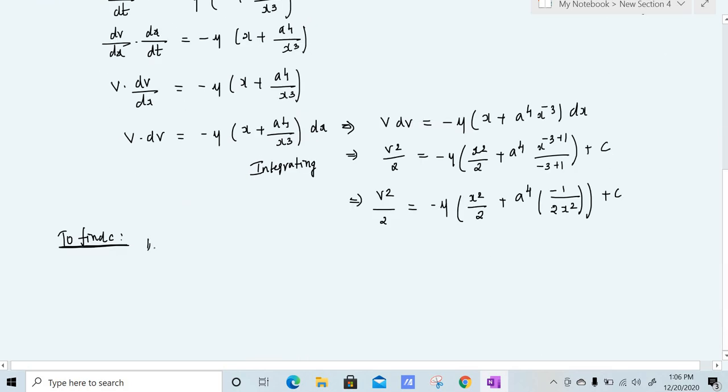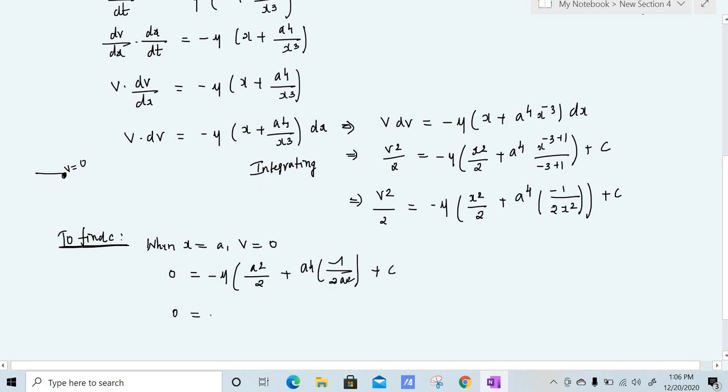So when x is equal to a, our v will be 0, because the particle is starting to move from that point only. That means at this point our velocity is 0 because it is at rest. So substitute here: 0/2 = −μ[a²/2 + a⁴ · (−1/(2a²))] + c.